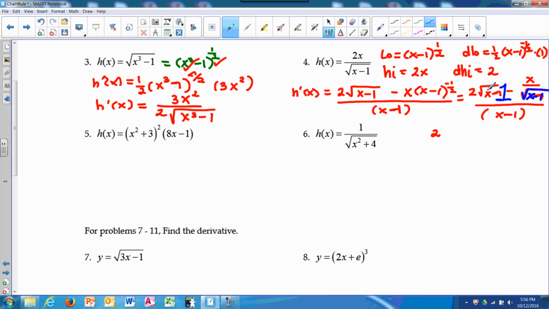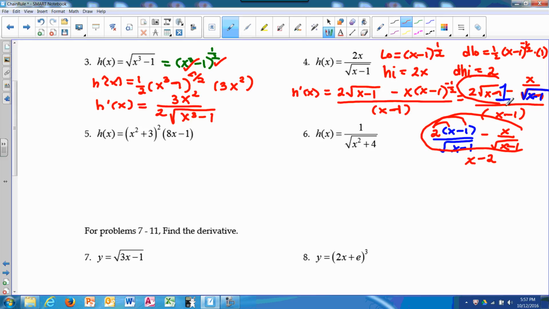And my giant number 1 is going to be the square root of x minus 1 over the square root of x minus 1, because I need that common denominator. When I multiply a square root by the matching square root, the square root cancels. So now I have 2x minus 2 minus an x. So 2x minus x leaves me with x. I still have the minus 2.